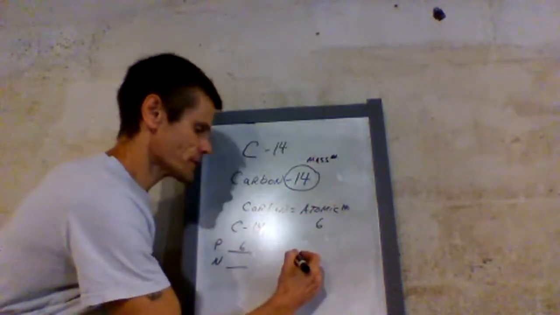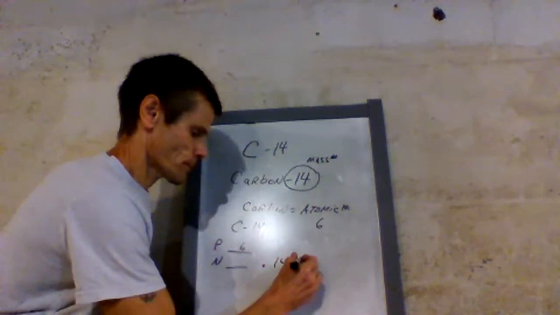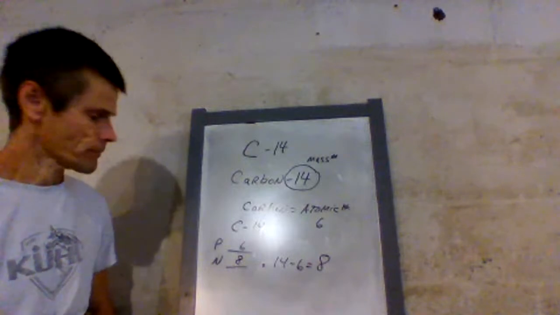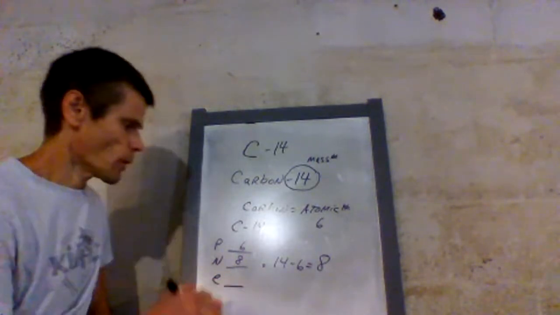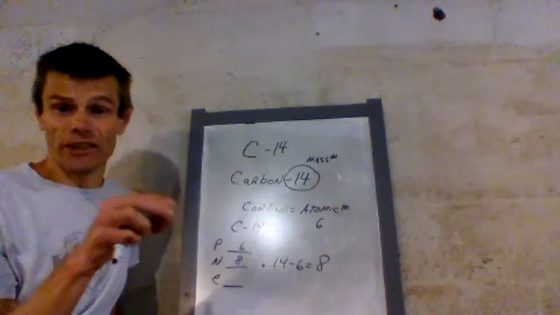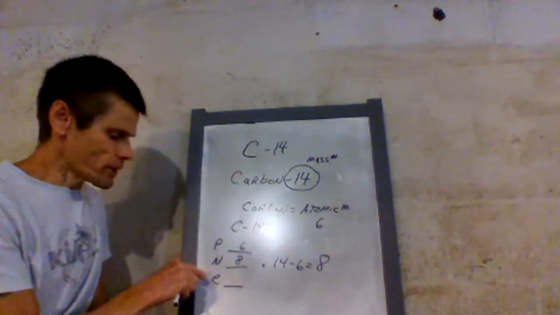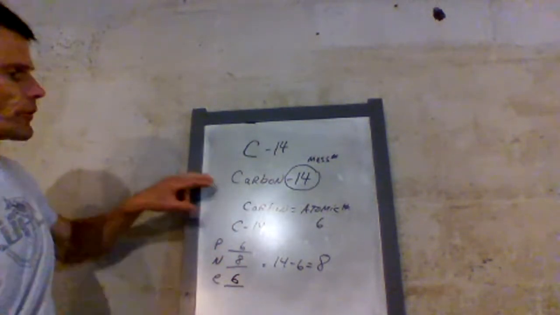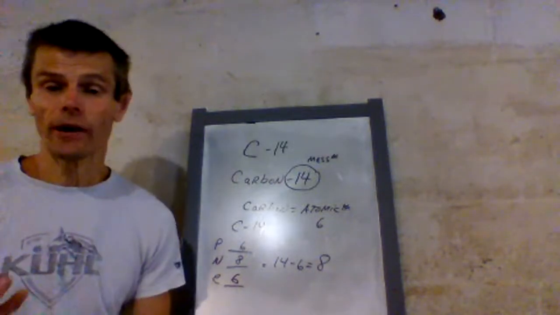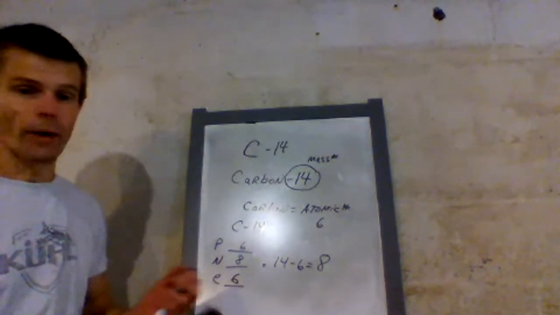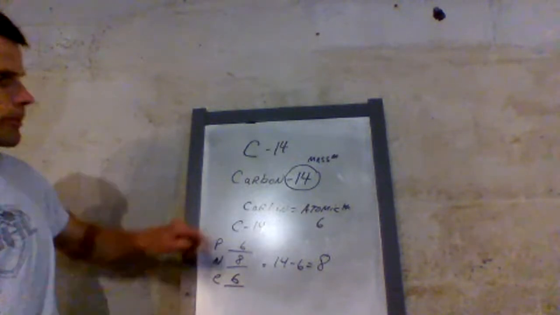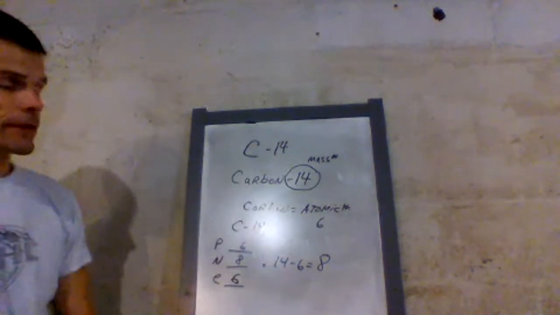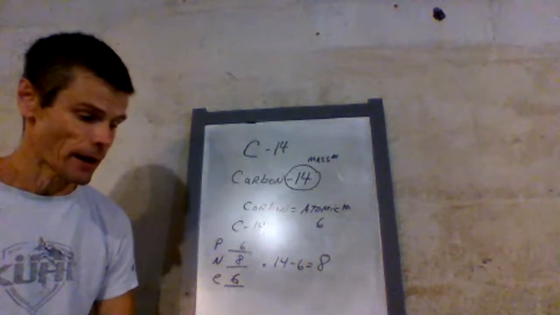The number of neutrons is equal to 8. The number of electrons, well, this is a neutral atom, and we'll discuss ions in a little bit. Protons and electrons are going to be equal for a neutral atom. So this is a shorthand notation that you oftentimes will see instead of writing it out completely, because they assume that this is the mass number, and you can use the periodic table to find the atomic number, such as we discussed a little earlier.